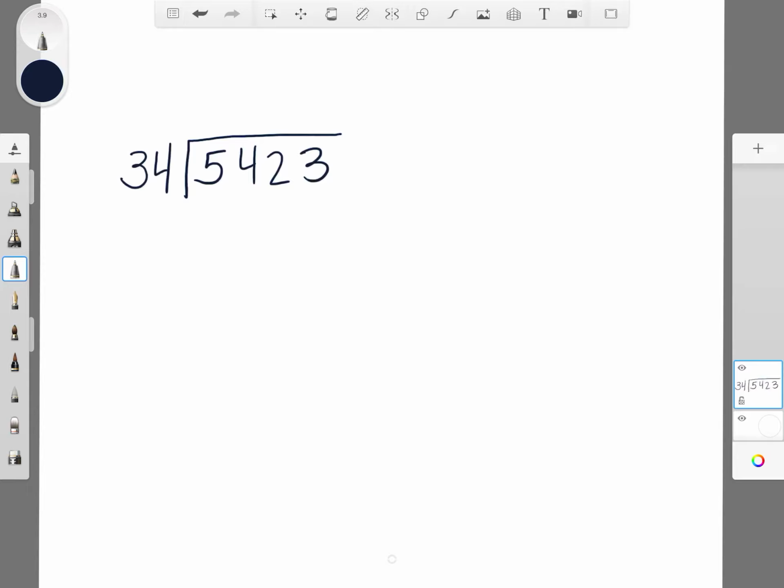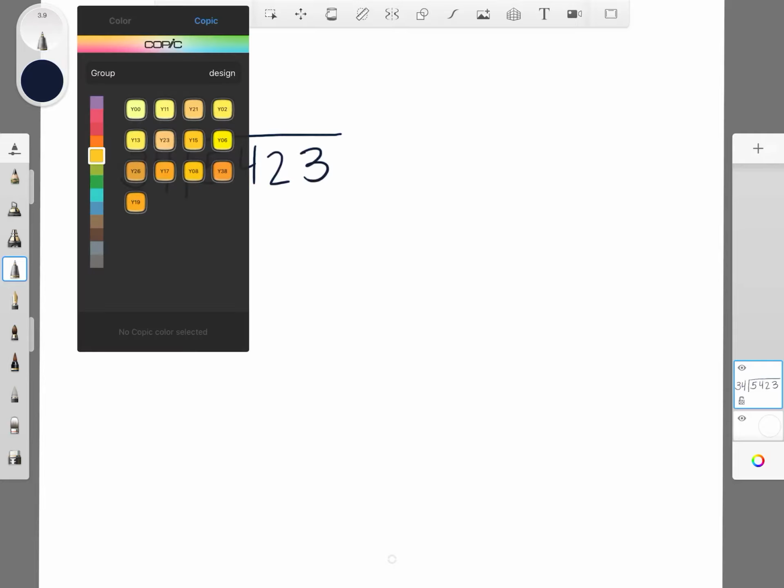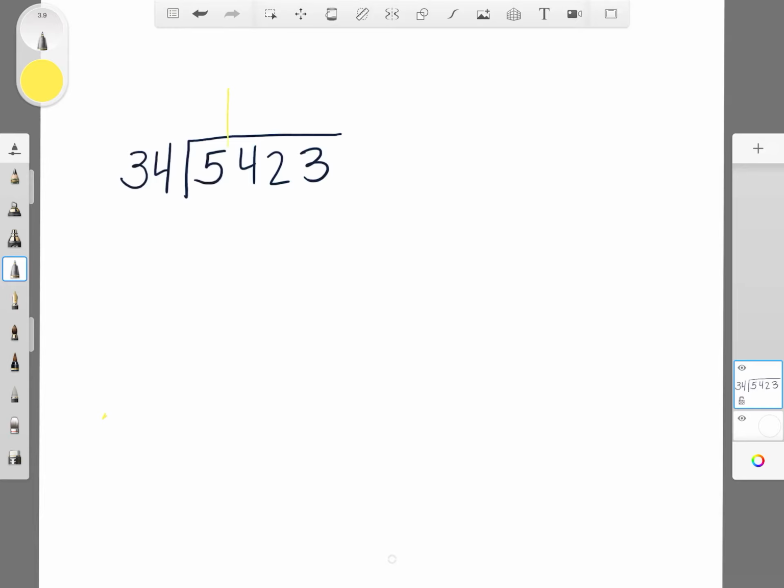When we're dividing with decimals, it's really important to keep everything lined up well. So we're going to make some lines on our paper, and I'm going to put a couple extra just in case we go out a couple of decimal places.